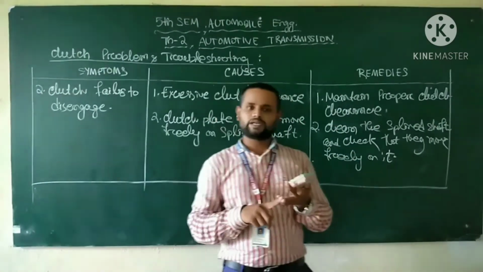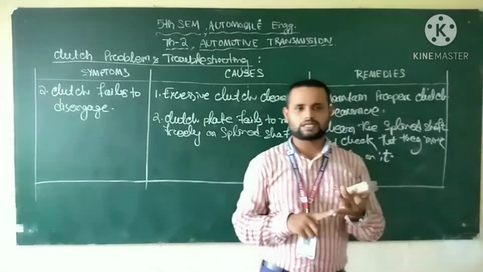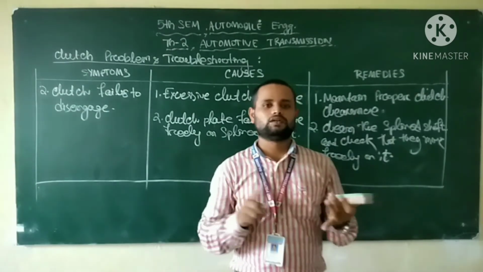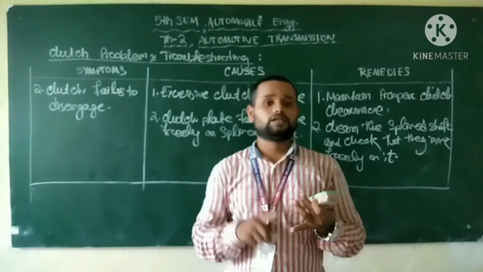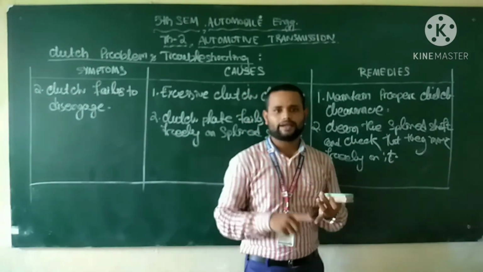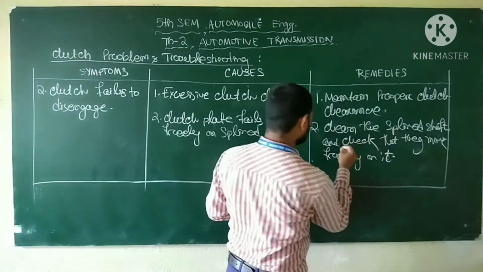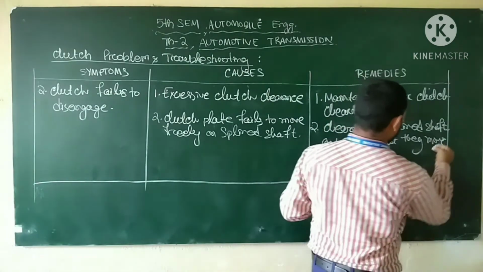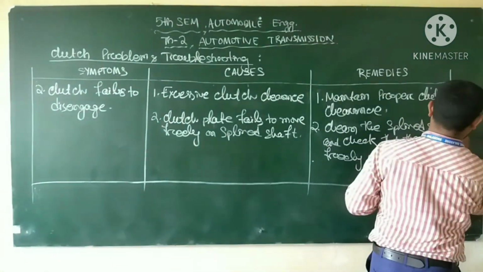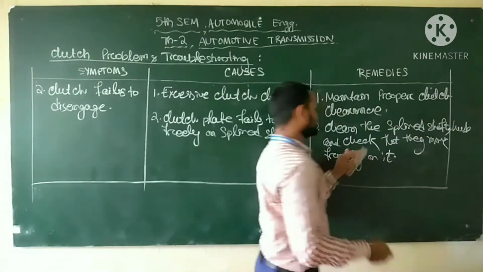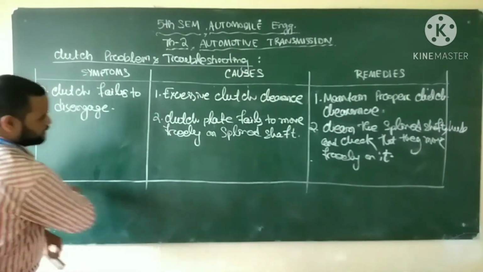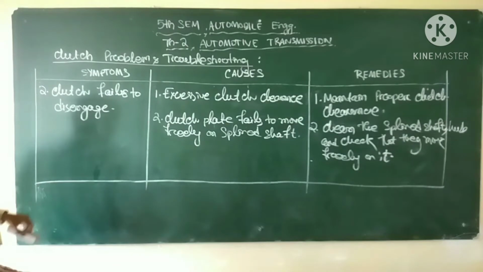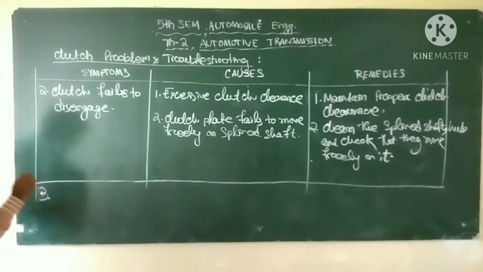If it cannot move freely, how will it engage or disengage? For that cause the remedy is clean the spline shaft and check that the plate moves freely on it. So make a line, underline. After that, the third symptom.